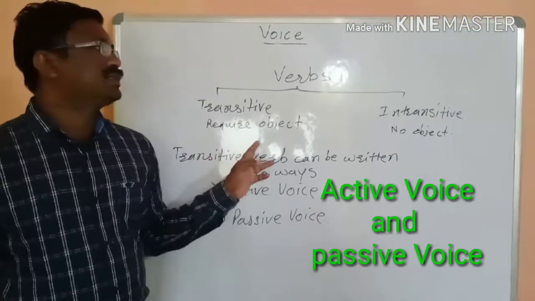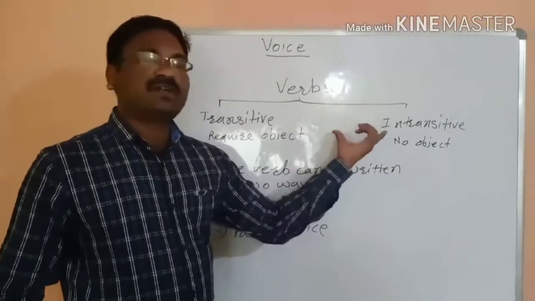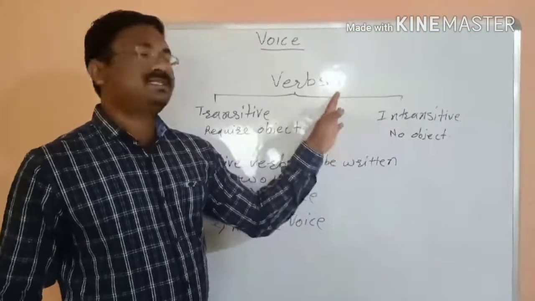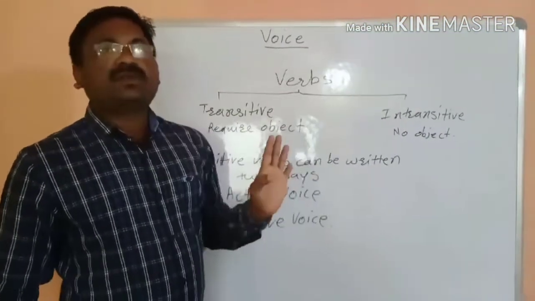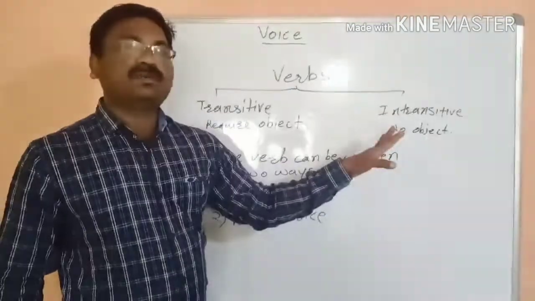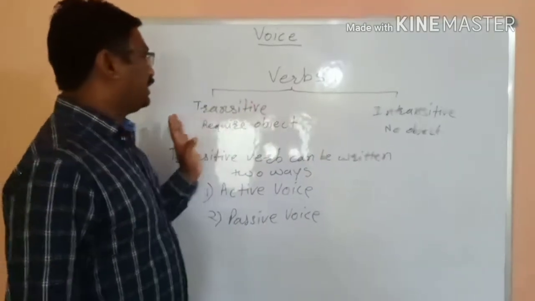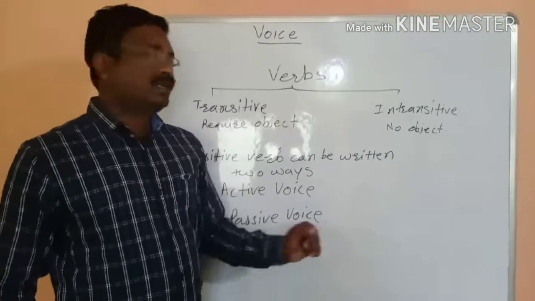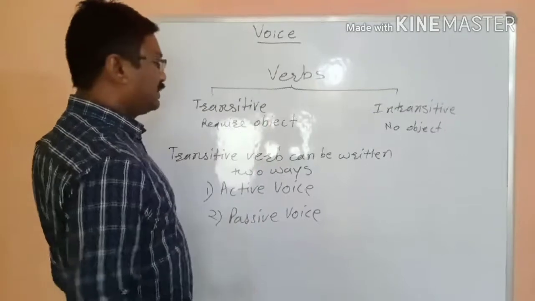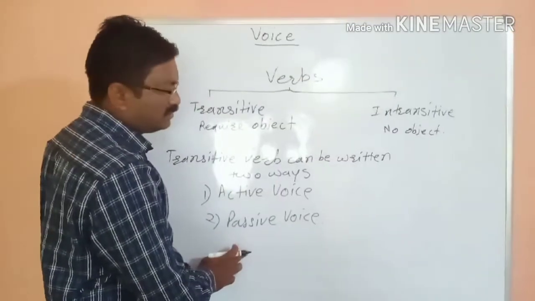So it means intransitive verbs, when we use them in a sentence, such sentences we can't change into passive. Whichever verbs are intransitive, we can't change them into passive voice. So for active and passive voice, we require transitive verbs. These transitive verbs are written in two ways, that is active and passive voice.